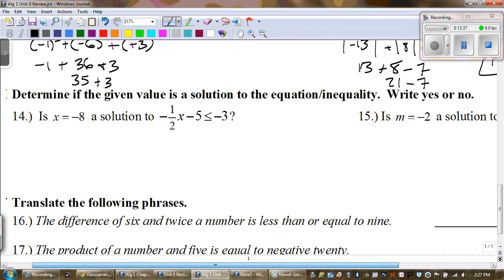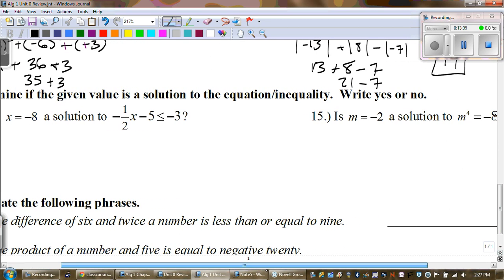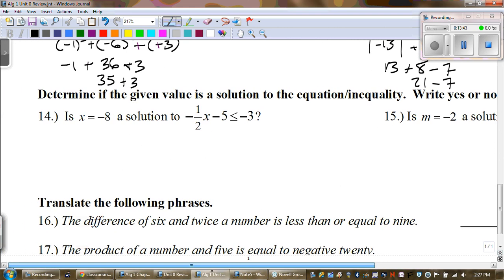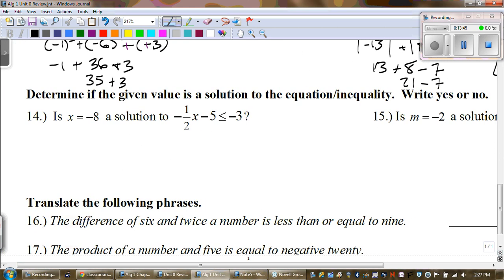Okay, now determine if the given value is a solution to the equation or inequality, and we need to write yes or no. Okay, so number 14, let's go ahead and start writing everything out. We have -1/2 times -8 minus 5 less than or equal to -3.